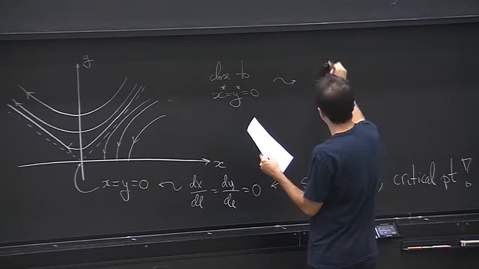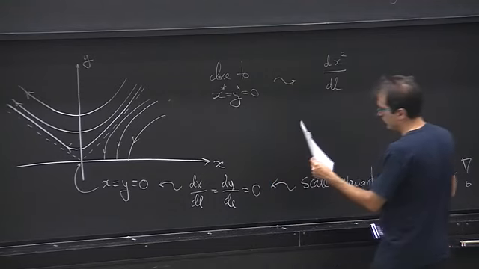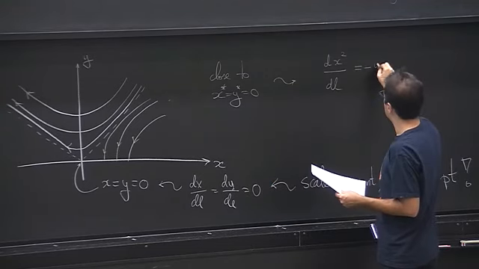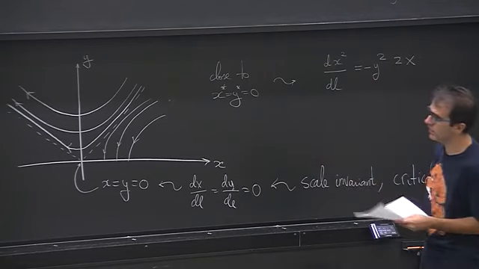I can write the first equation as d(x squared)/dl, I multiply by x, is minus y squared times 2x. I'm just massaging the equation.